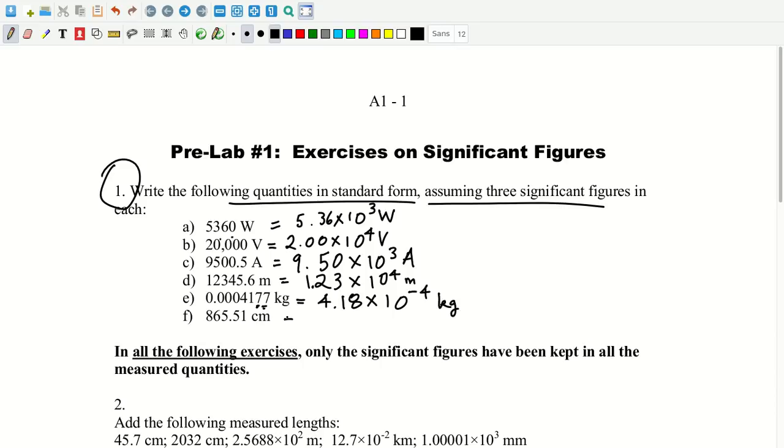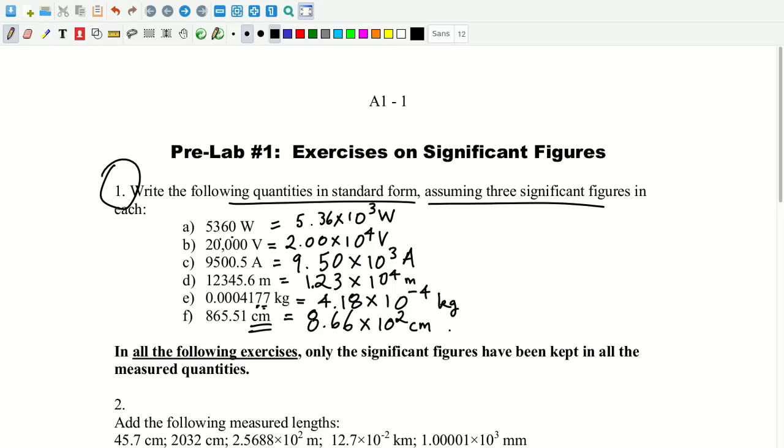All right, next, and they have to be SI units. Notice this is in centimeters, so that can be written as, I don't think they have to be SI units. I think keep the unit as centimeters, and you can just go 8.66 times 10 to the 2 centimeters.